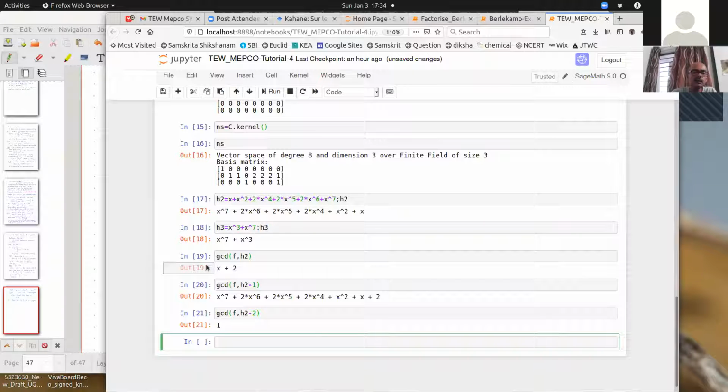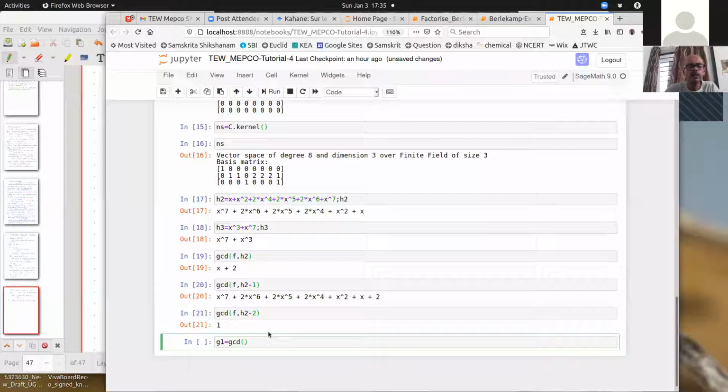Now the first GCD, the GCD of f and h2, is x plus 2. That is certainly irreducible because it's a linear polynomial, it cannot be reduced further. So this other one needs to be reduced. We can do it with the second polynomial. Let's give it a name, G1. So G1 is equal to this GCD.